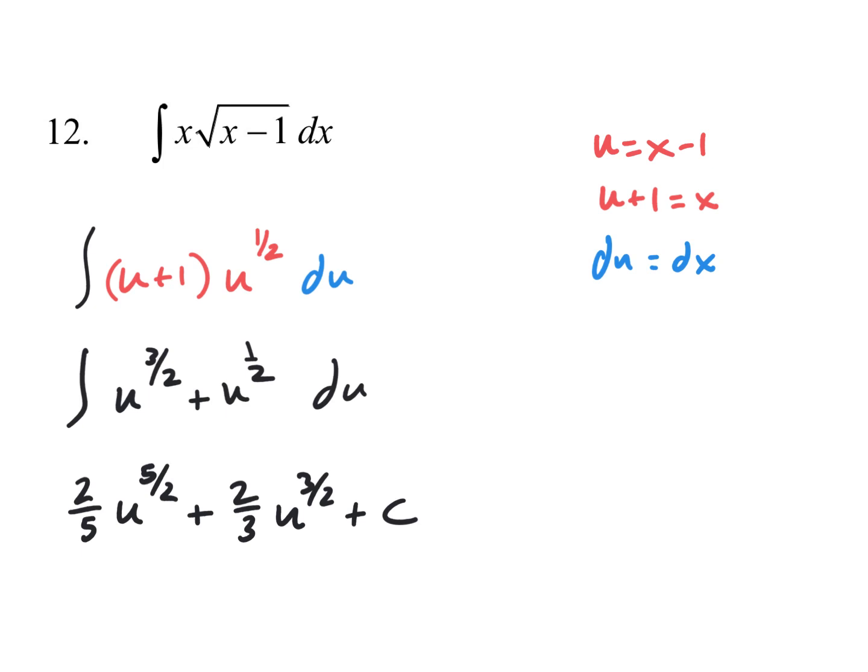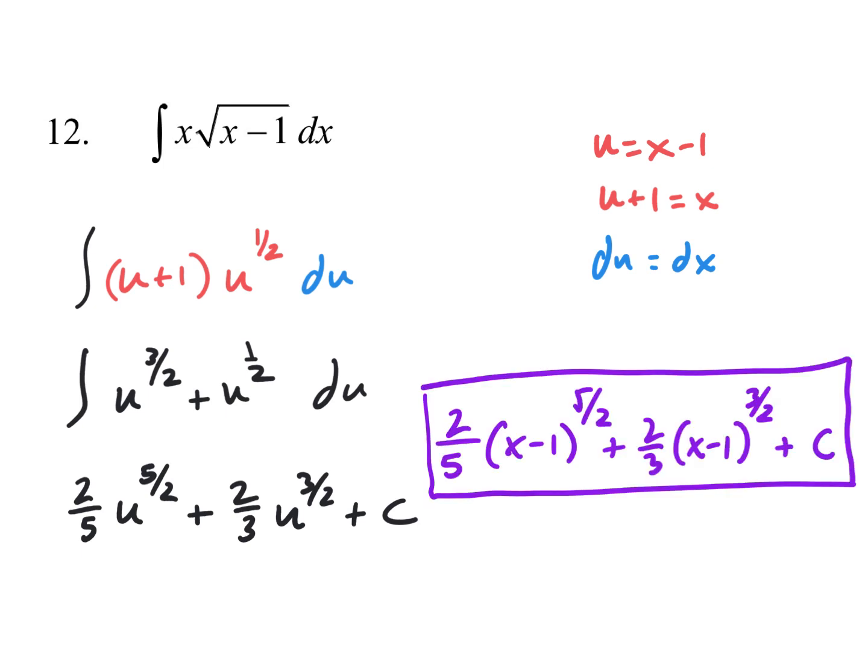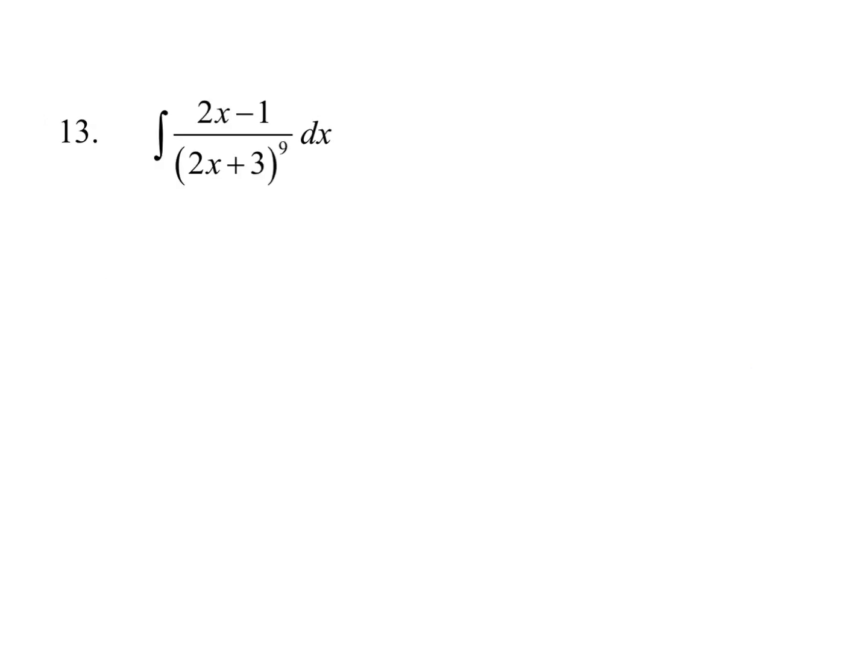And then I just have to sub the u back in, and we're done. Again, here's the thing, just to keep us straight on the last problem: the derivative of the inside function is here, because it's to the 1/2 power. All right, move on, last one.